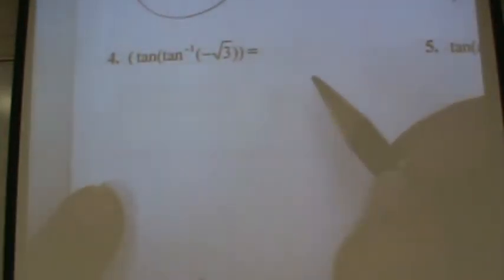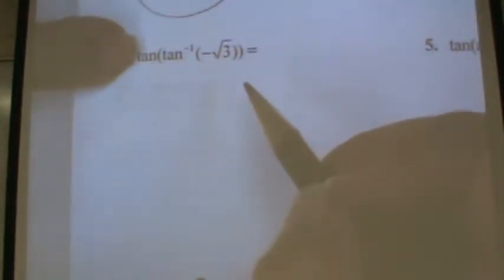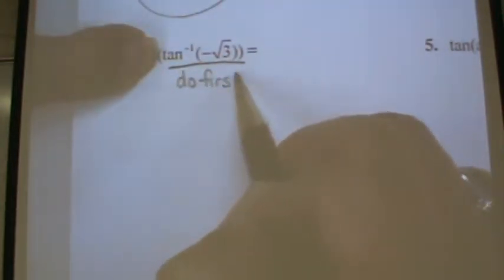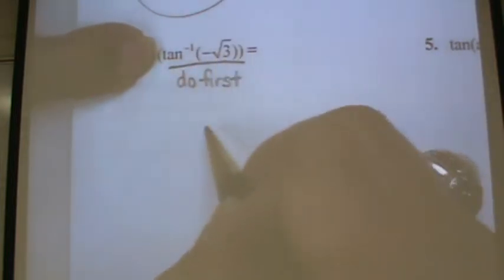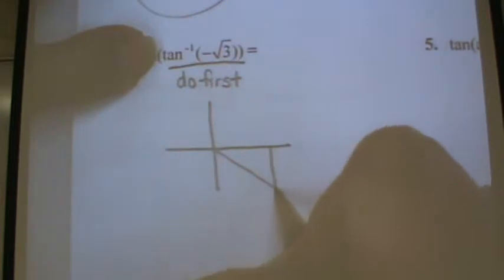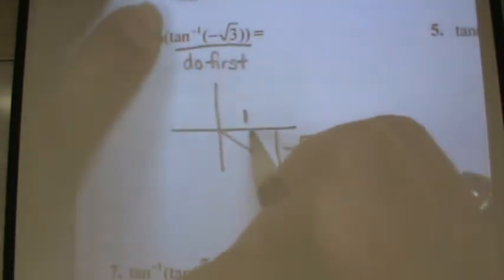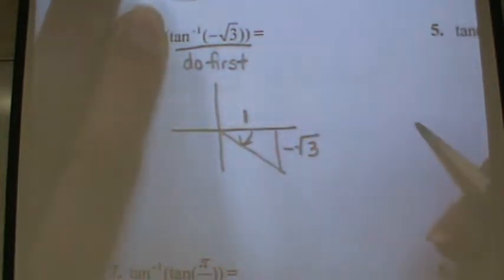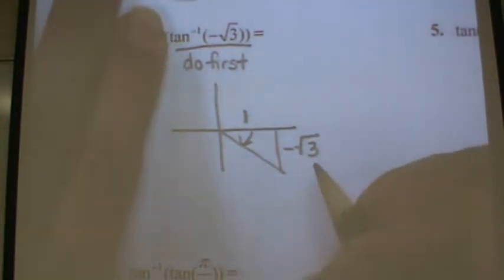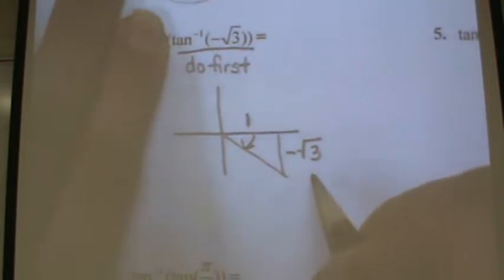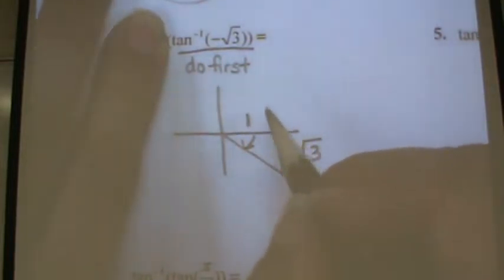Okay, now we're going to start layering. So now, forget this word tangent right here. Let's do this. You're going to do this first. What angle am I? I'm going to be in quadrant 4, and this is going to be negative root 3, and this is going to be 1. What angle am I whose opposite over adjacent is negative root 3 over 1?